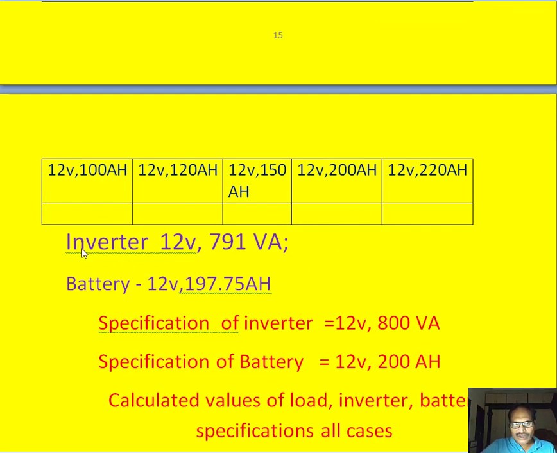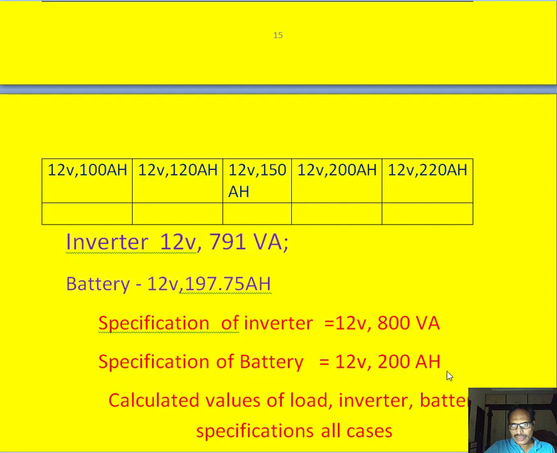These are the inverter ratings that we have calculated. Similarly, these are the battery ratings that we have calculated. Whereas the available batteries and available inverters are different. Just now we have seen that the inverter to be taken is 12 volts 800 VA, and the battery to be taken is 12 volts 200 ampere hours.